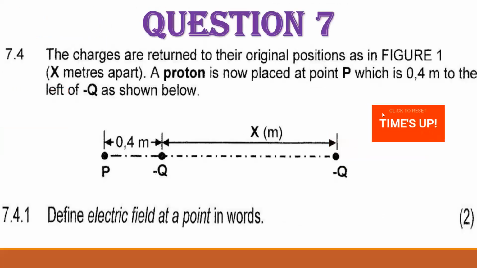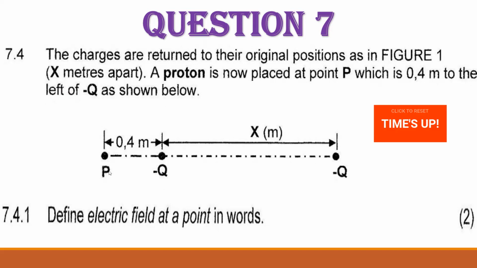7.4. Now you are busy with electric field, not electrostatic force anymore, electric field. 7.4.1. What's going on now? You are taking this first position and adding a proton at point P. Okay, what is the charge of a proton?